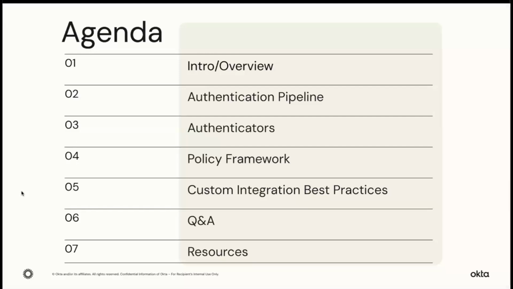Then some new best practices around custom integrations that you may do for OIE. And then, as I said, we will leave some time for Q&A. And if we have time at the end, we'll go through some resources that are available to you as you prepare for your upgrade to OIE, or if you're already on OIE, to get more out of the features and functionality in OIE.